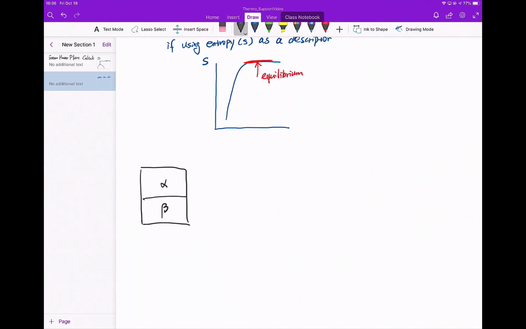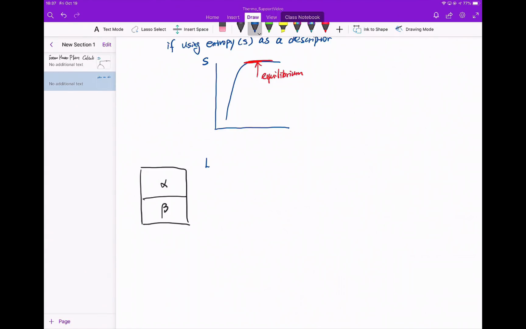Could it be liquid vapor? Could it be liquid solid? Could it be solid and vapor? So I'm having two phases, and we said this is at equilibrium. It's not changing. It's not exchanging energy or components with other phases. So this is why we have the discussion carried out.